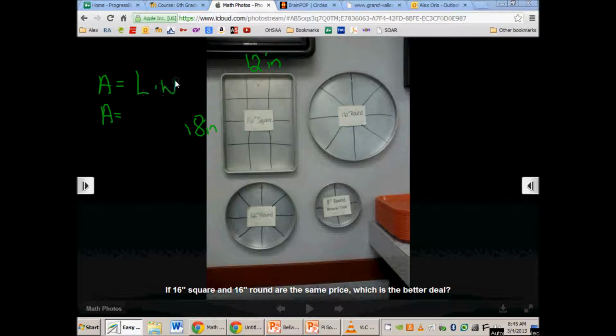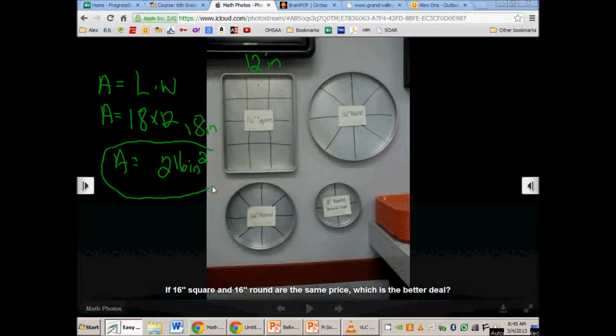Very good, length times width. So we're going to do 18 times 12. And what is 18 times 12? 216. So if you buy the rectangular pizza, which they call the 16-inch square, because you're getting square pieces, it's 216 square inches worth of pizza.